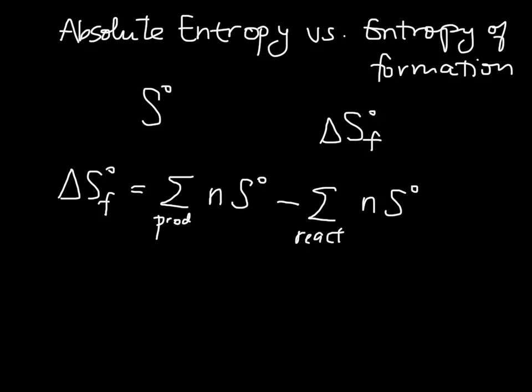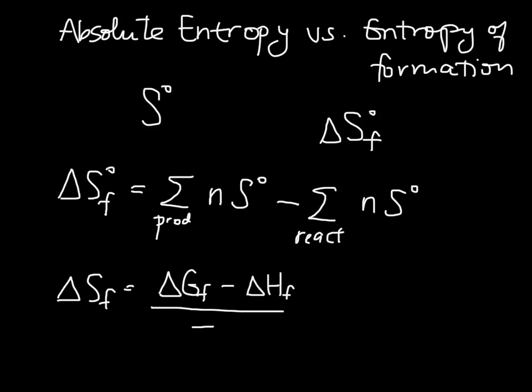If we know the Gibbs free energy of formation and the enthalpy of formation, which are tabulated, we could also calculate this in the following way, divided by negative T down here.